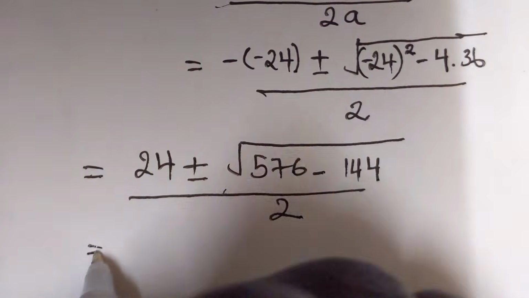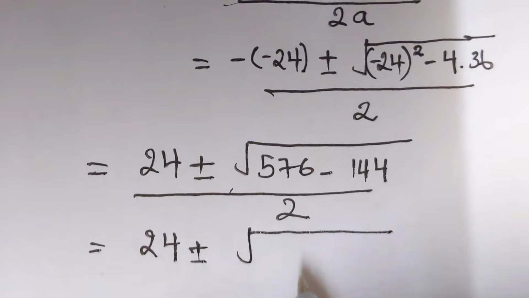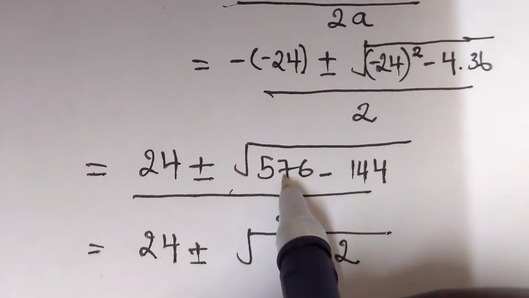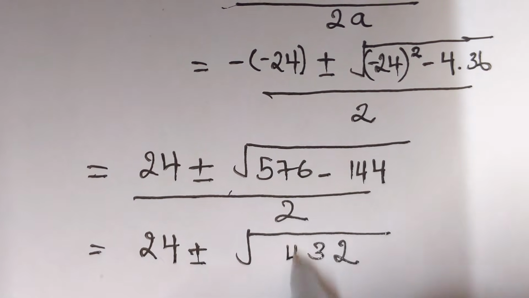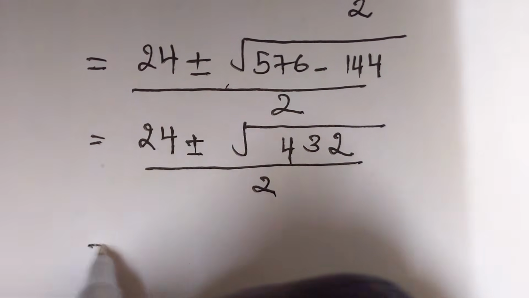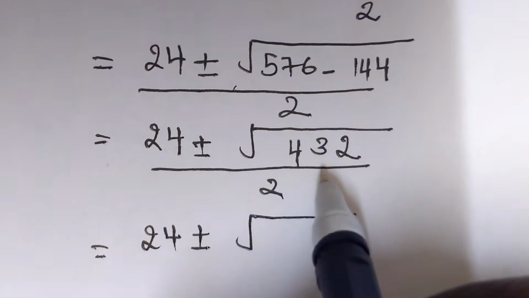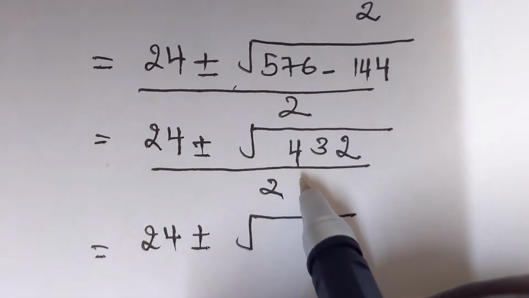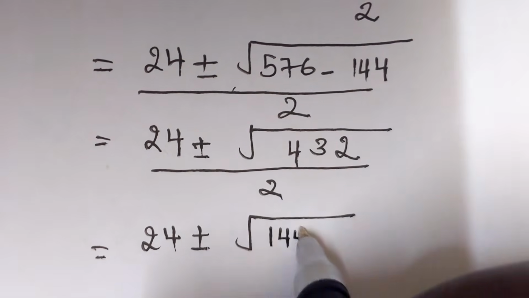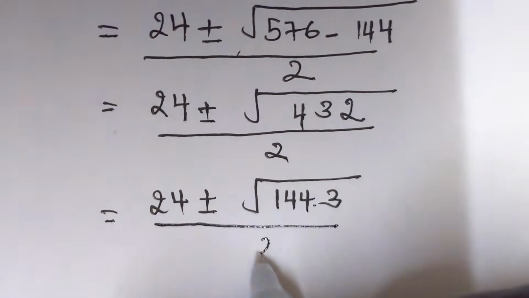This is equal to 24 plus or minus the square root of 432, over 2. We are going to find a perfect square from this number: 432 is equal to 144 times 3, over 2.